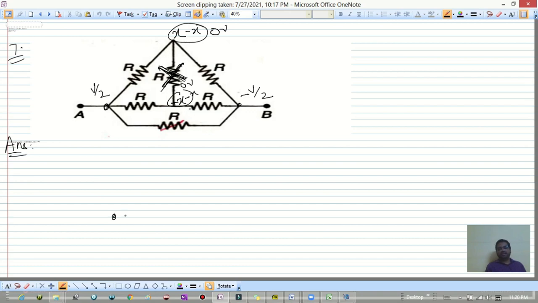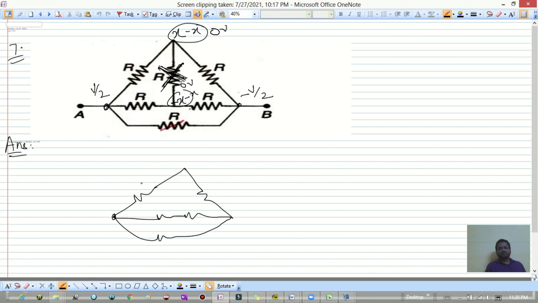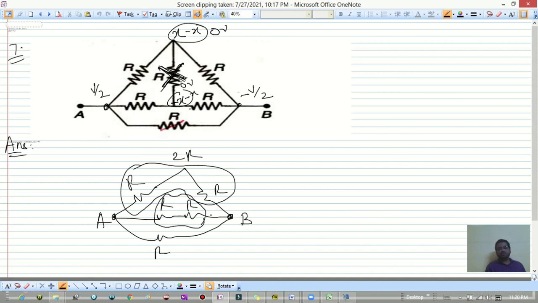So you can directly apply the series and parallel combination. It's very simple now. This is R, this is R, and this is R, this is A, and this is B we have. What is the equivalent of this? 2R. What is the equivalent of this? 2R. Why?